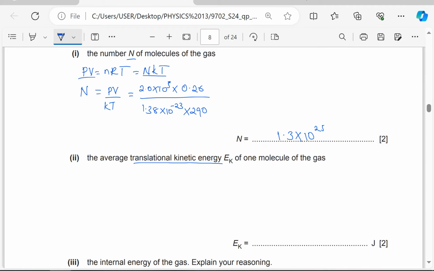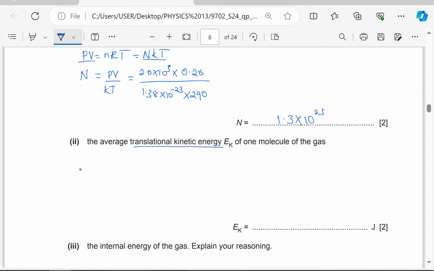Of course, if you don't know how to derive this, let me first write it here. We know that the average translational kinetic energy of a single molecule is 3 over 2 kT. I can briefly derive it for you here. Remember, you are given PV equals 1 over 3 Nm average c squared in the list of formulae. And we have also seen that PV is equal to NkT. So NkT is the same as 1 over 3 N m mean square speed.